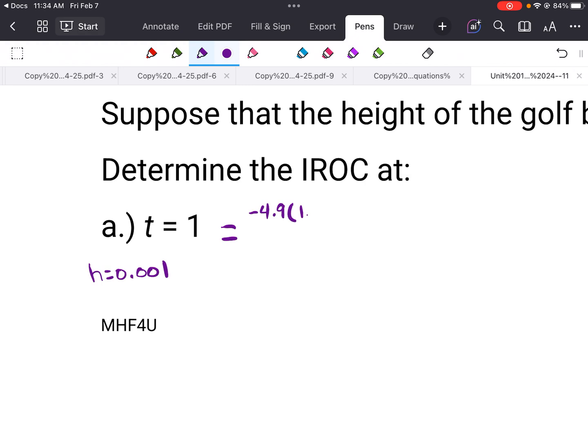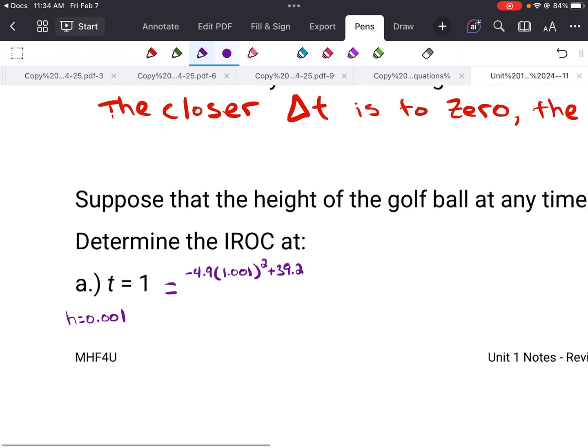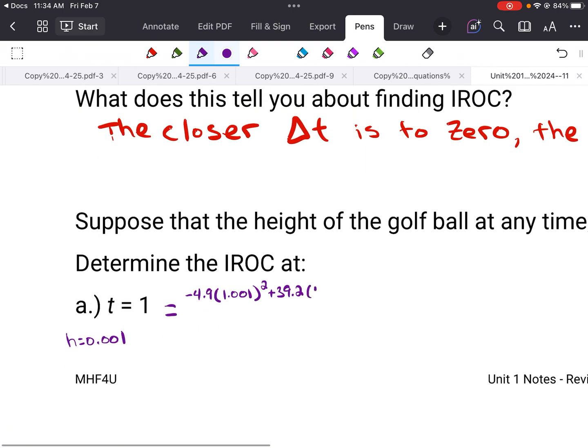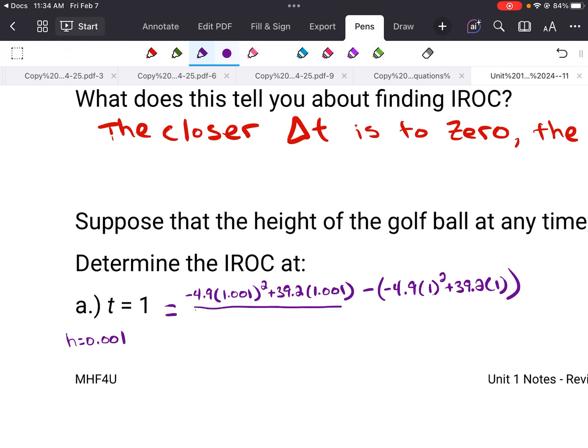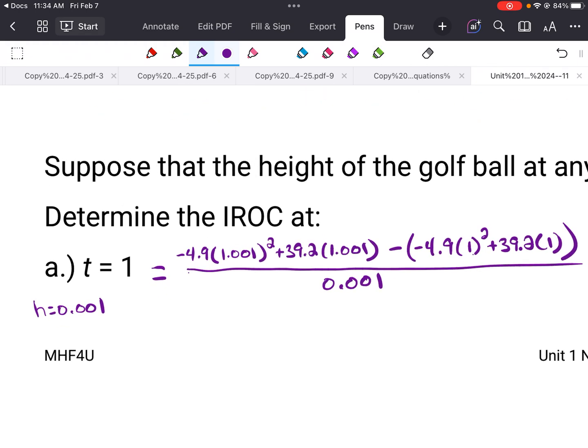So t plus h will be 1.001 squared plus 39.2 times 1.001, and we will subtract all of the exact same thing, but this time it's just a t of 1. And our h value that we added, 0.001.